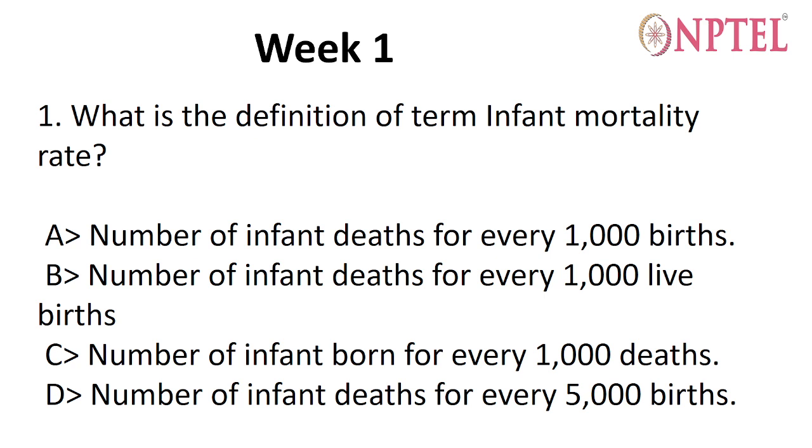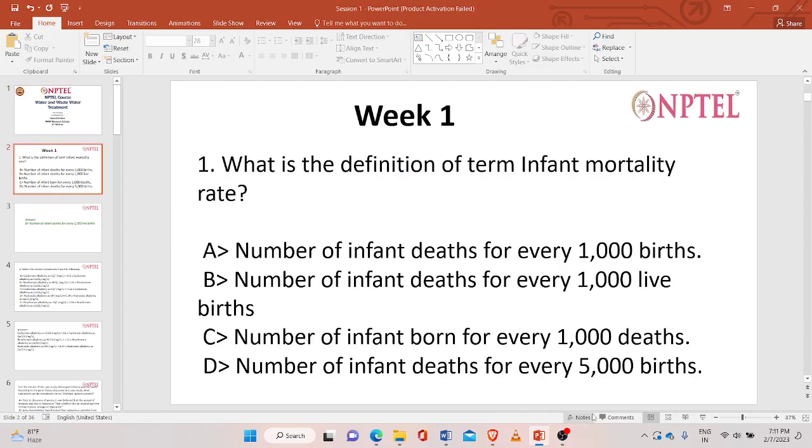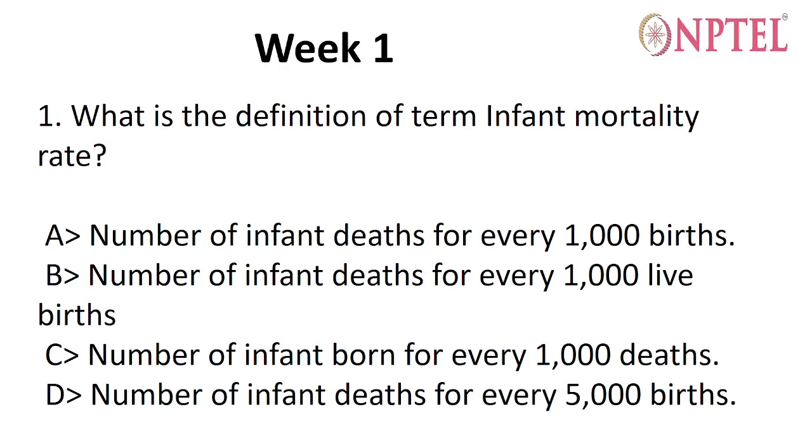You can use the chat section or the in-call message section in Google Meet and type your answer, like what is the correct answer, A, B, C or D. I'll check who is really participating in this quiz kind of environment.